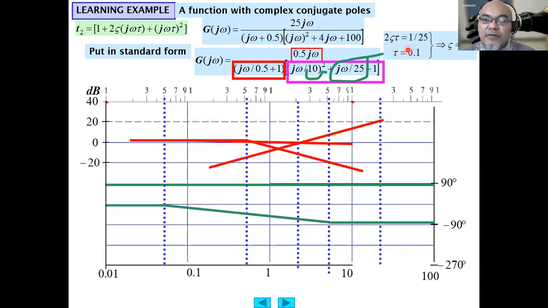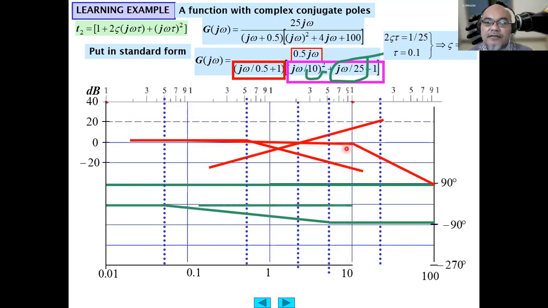The tau equals 0.1, so at 10 radian per second, this will be the corner frequency. Tau is 0.1, so the corner or break frequency is at 10 radian per second.